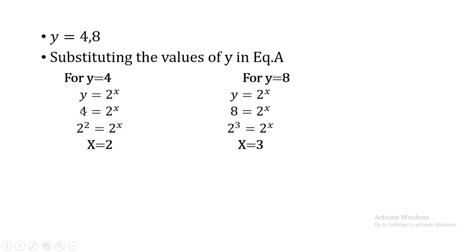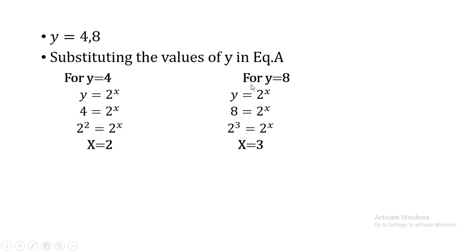Now 4 can also be written as 2 squared, and according to the property, if two numbers are equal and have the same base, you can equate their powers. So x equals 2.